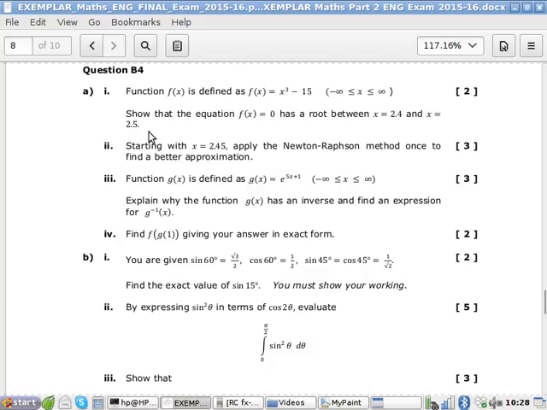Yeah, you make the dy over dx, and then you solve it. No, not as hard as that. Easier. You calculate f(2.4), f(2.5), and you check that one is positive and one is negative.